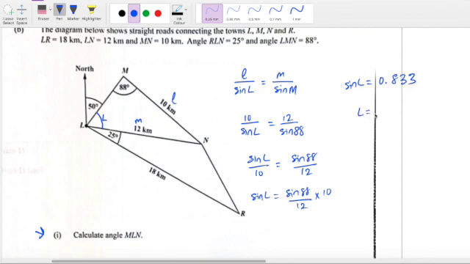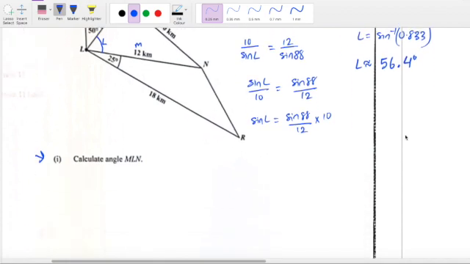And therefore L will be the sine inverse of 0.833. And yes, if you got slightly different decimal places like 832 or 834, it will not make much of a difference. So the sine inverse of that is L is approximately 56.4 degrees.